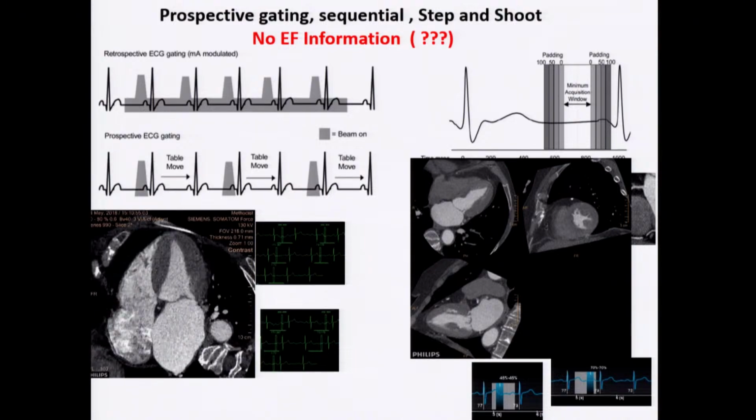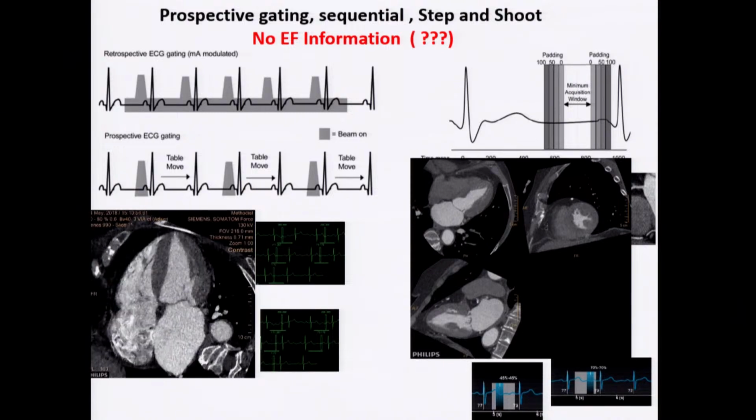Basically, you can image the patient from the R wave as your end diastole, and then include end systole around the T wave, at about 0% and 30% or 35%. You're going to get an approximate EF. Maybe not enough to say it's 55% or 60%, but it should tell you it's normal, with much less radiation.